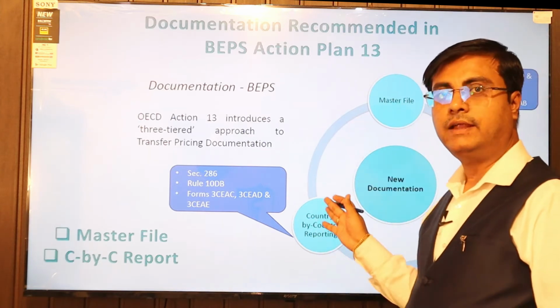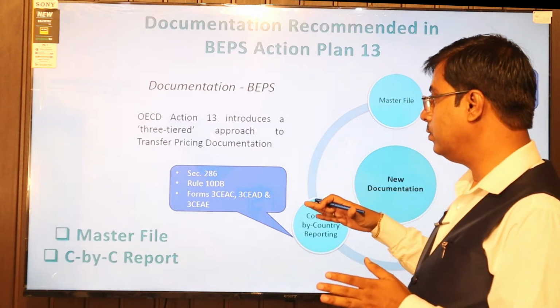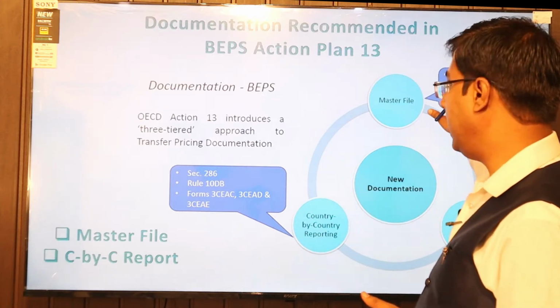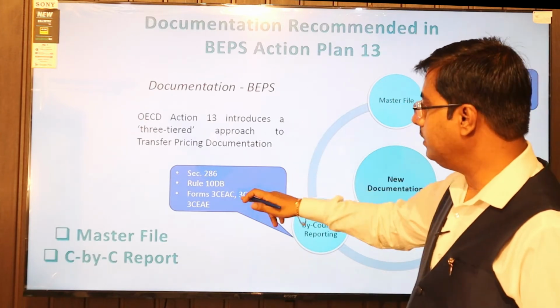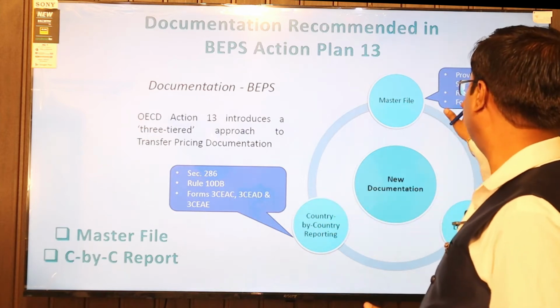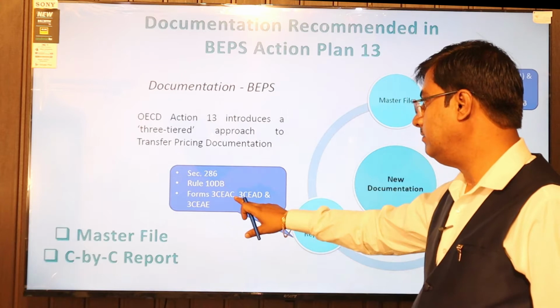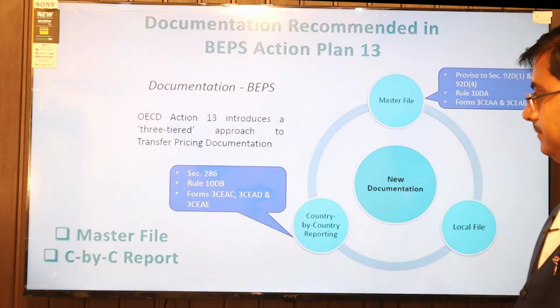In the Finance Act 2016, the Income Tax Department introduced two new sections, Section 92D and Section 286. For the procedure part, they have implemented Rule 10DB and 10DA. They have incorporated forms 3CEAA, 3CEAB, 3CEAC, 3CEAD and 3CEAE, right?